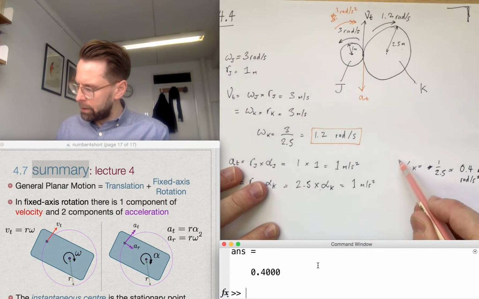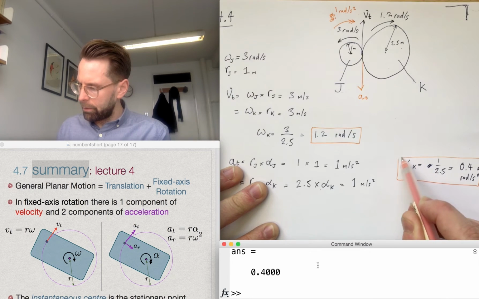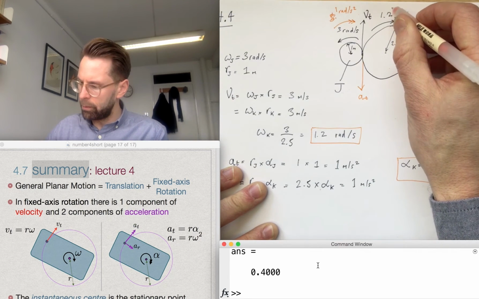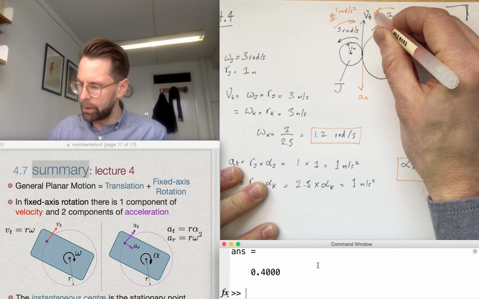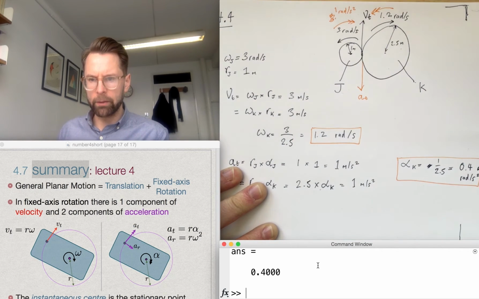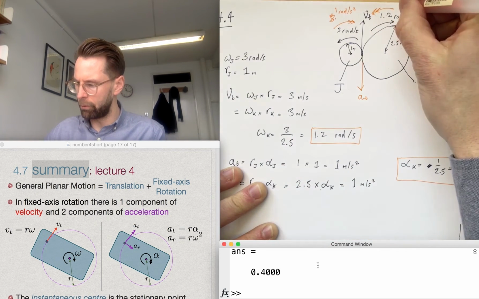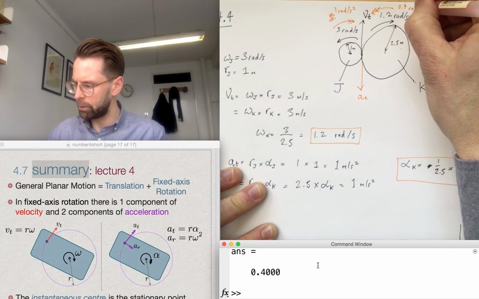So that's the second part. If we just draw the direction in, that's going to be in a counterclockwise sense, so that's 0.4 radians per second squared.